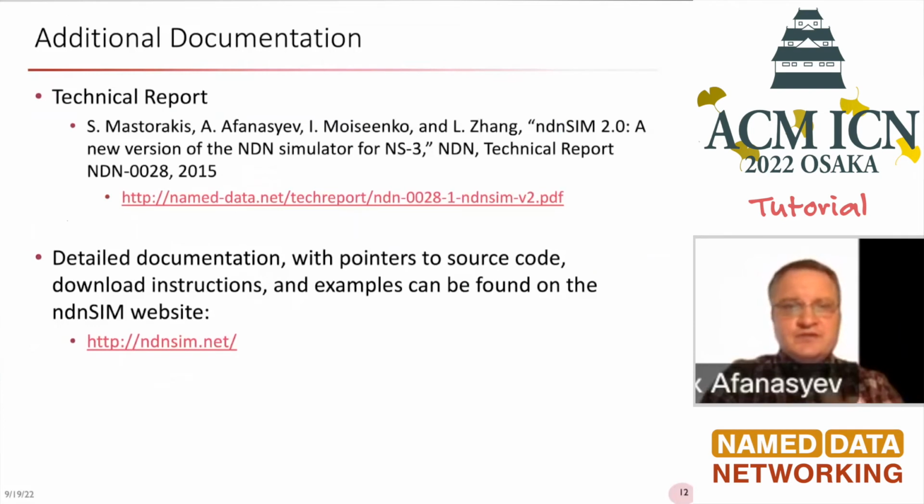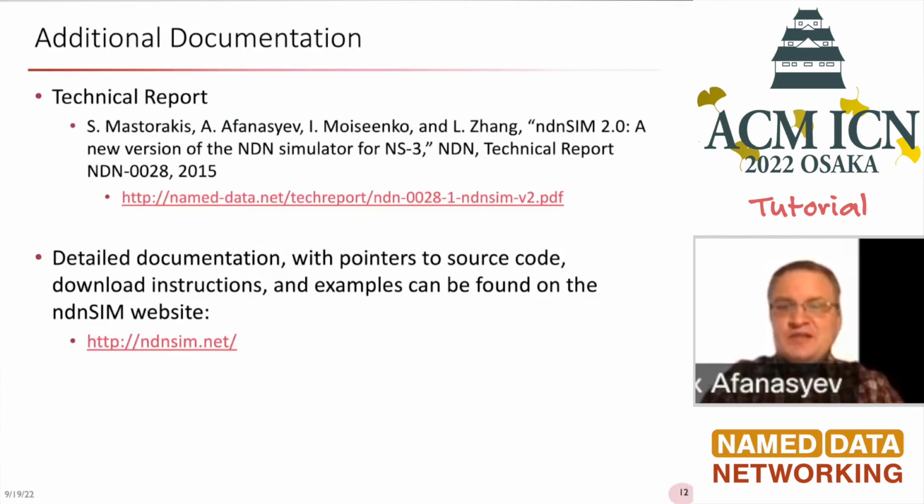We have several technical reports published about ndnSIM, describing the structure in a little more detail, but most of the information is on the ndnSIM website, and I would recommend it if you haven't been there yet. That would be the first place you want to go when you want to start dealing with ndnSIM or try to install it.